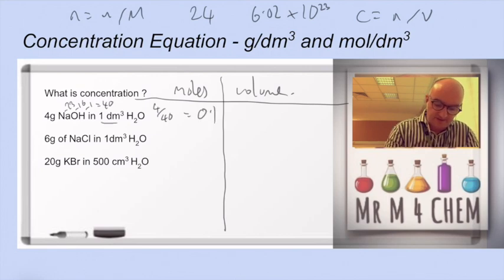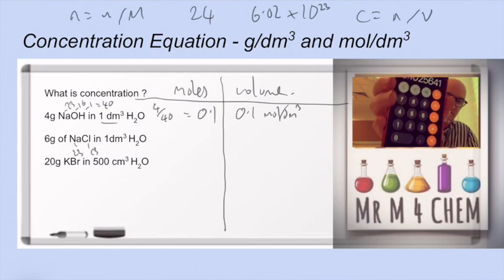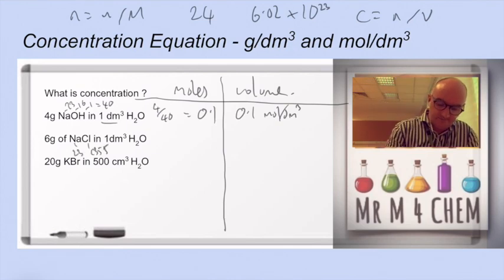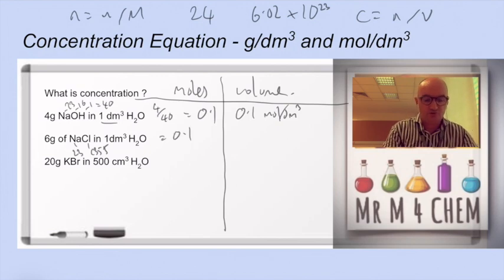Next one, I want to find out the moles. So sodium is 23, chlorine is 35.5, so that's 58.5. So 6 divided by 58.5 will equal, let's call that 0.1. That was a fluke. But now it's in 1 dm cubed. It's still 0.1 moles per decimeter cubed.